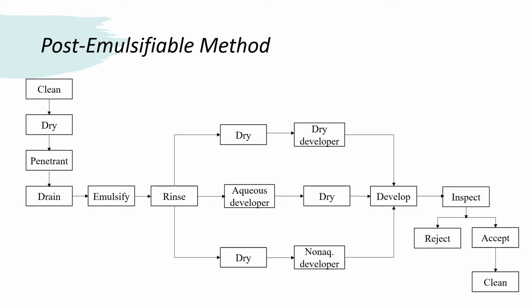The difference between the post emulsifiable penetrant process and the water washable method is, number one, the penetrant which is used, and number two, the need for the emulsifier. These are the two main differences of the post emulsifiable method from the water washable method.